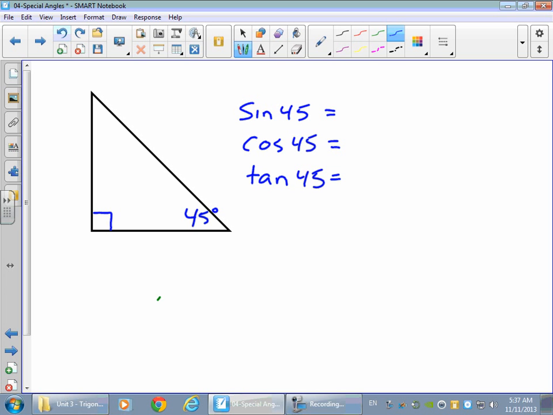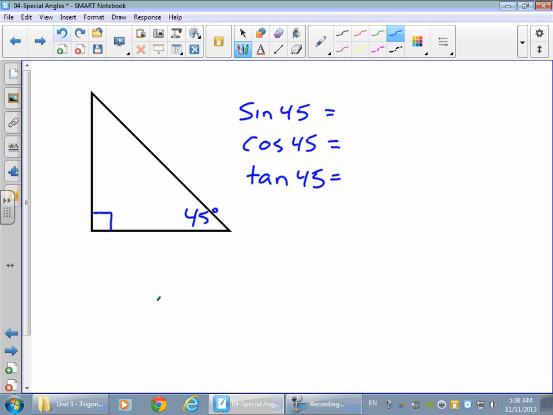Okay, so this is going to be the key. I don't want to punch this into my calculator and get 0.7071. What I want is an exact answer for sine of 45 so that I don't lose accuracy when I try to use it.